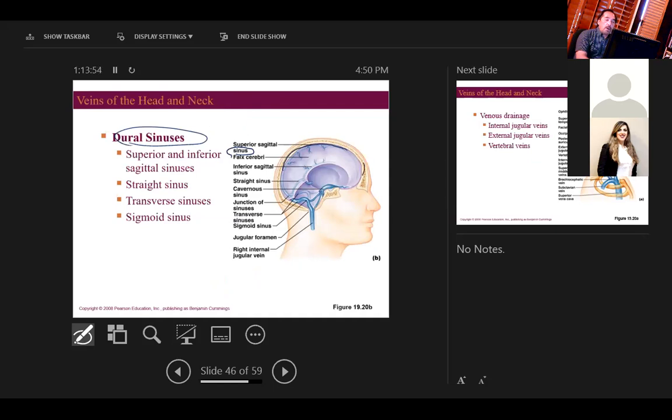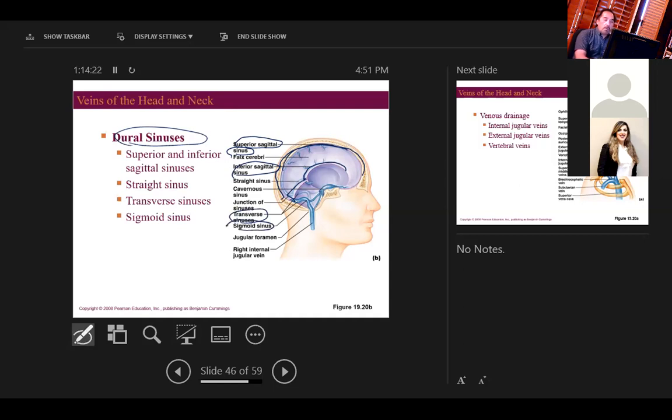We have one on the top, between the cerebral hemispheres, that is called the superior sagittal sinus, and then we have the one just close to the corpus callosum, and that's going to be the inferior sagittal sinus. Both will come into what we call the junction, and then it becomes the transverse and then sigmoid sinus.